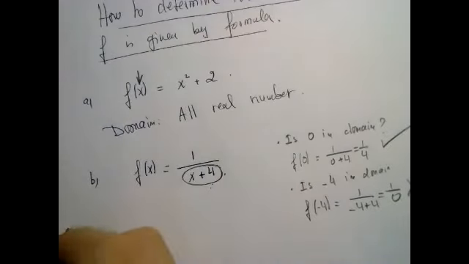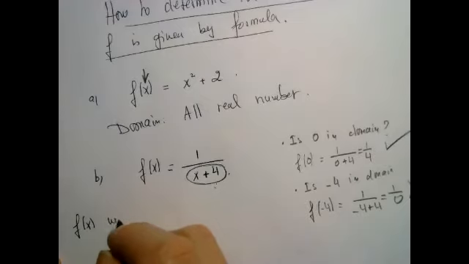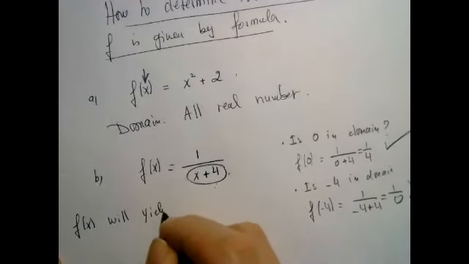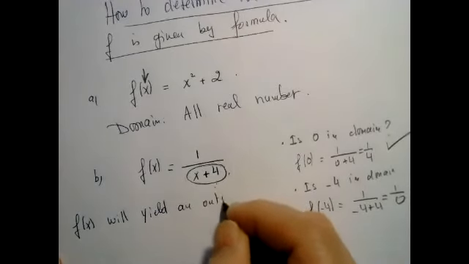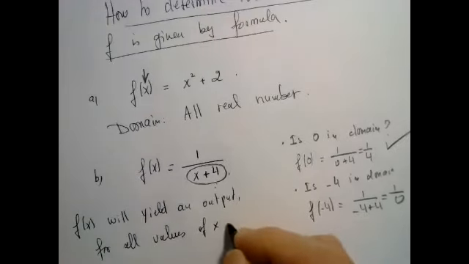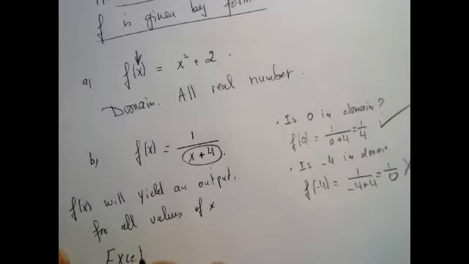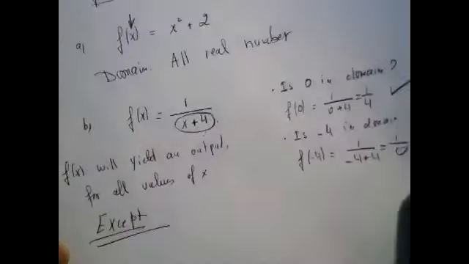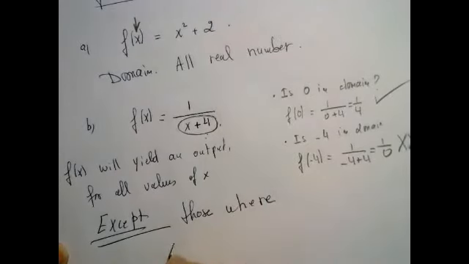So f of x, I will write this a little bit wordy for the first time. F of x will yield an output, or will yield a number if you want, for all values of x except those where x plus 4 is equal to 0.